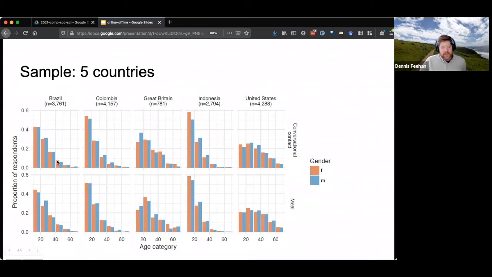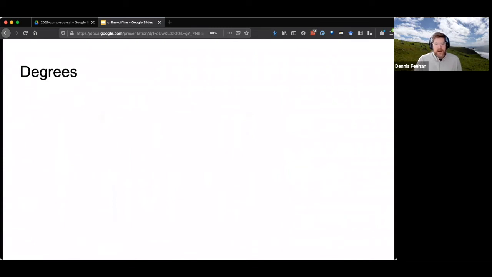You can see that the profile of our respondents is pretty similar to the profile of Facebook users in each of these countries. One other thing to note is that the sample from Great Britain is a little bit smaller. This was our pilot study, so you'll see that sampling uncertainty for the Great Britain estimates will be a little bit bigger in some cases. Okay, so there are results from 5 countries and 2 different tie definitions.